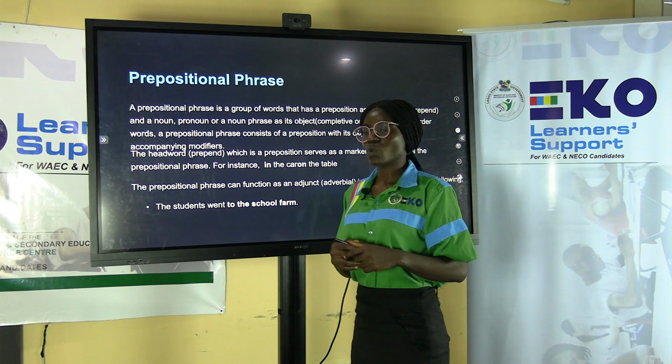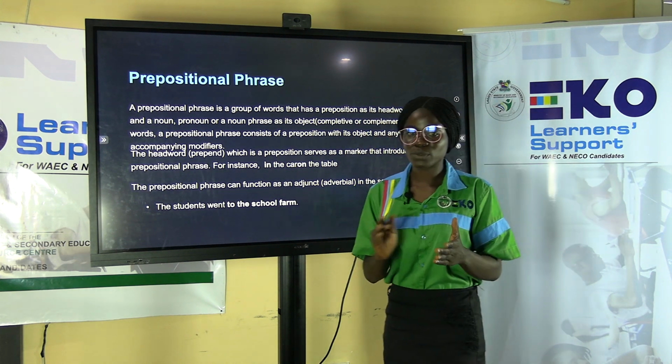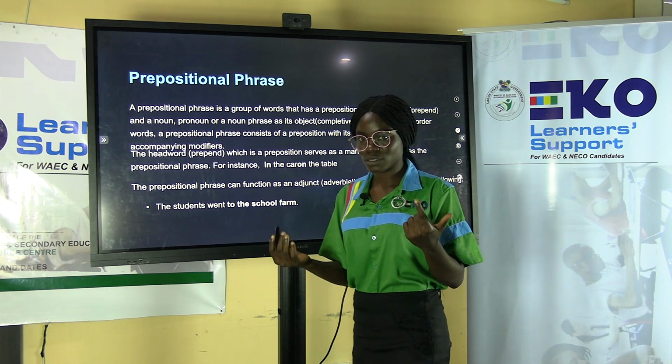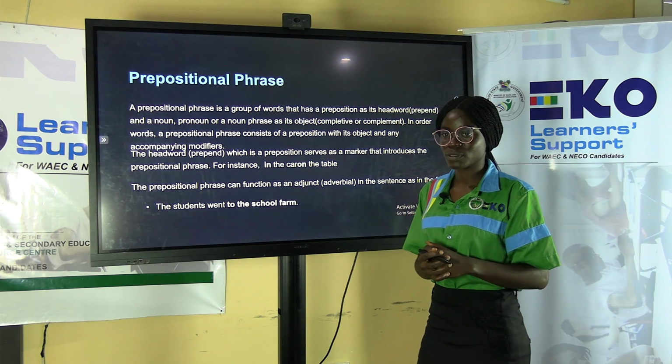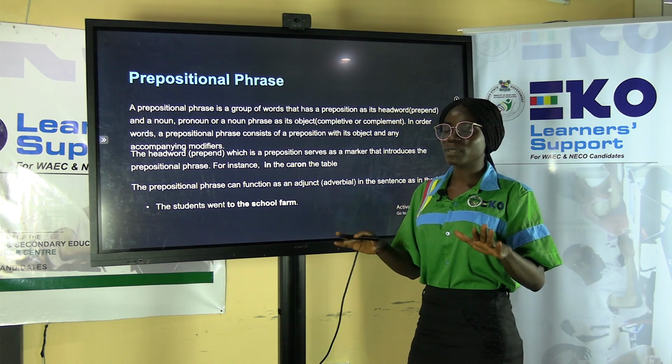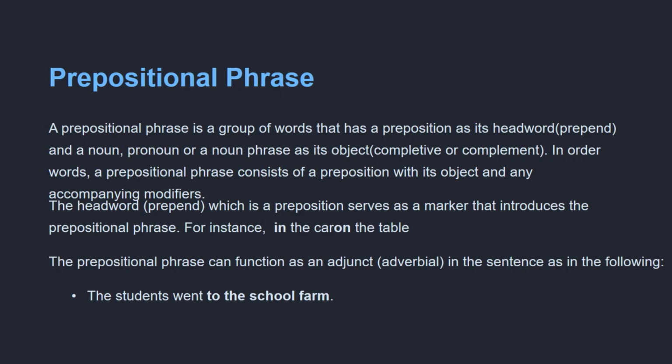We move to the next one, and that is the prepositional phrase. The first thing that should come to your mind right now is: what is a preposition? I hope you remember that, and that will be your background knowledge on this topic. A prepositional phrase is a group of words that has a preposition as its head word. What is head word?